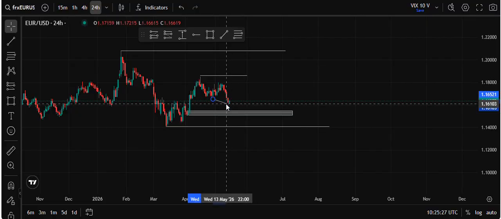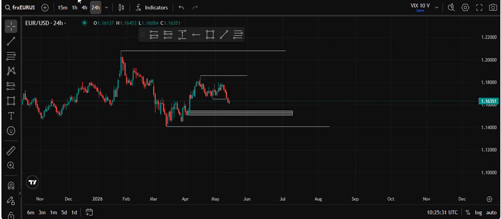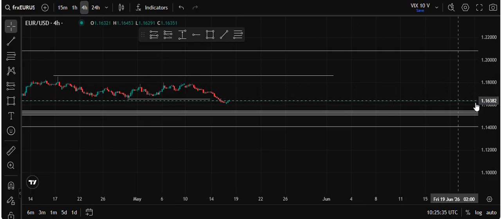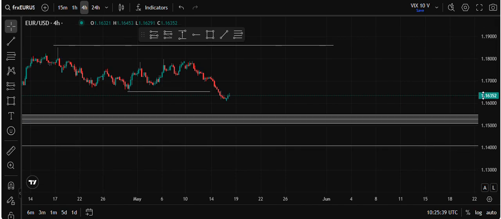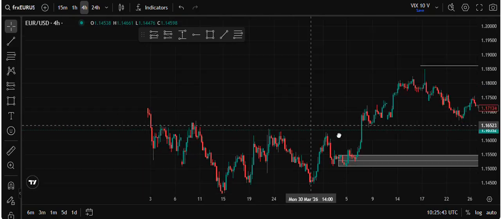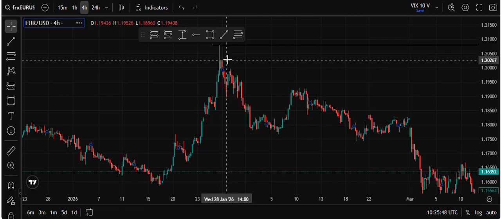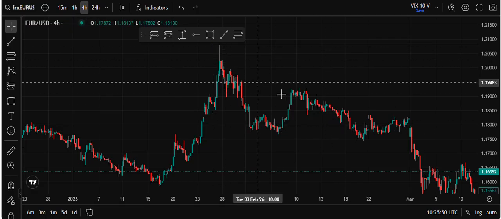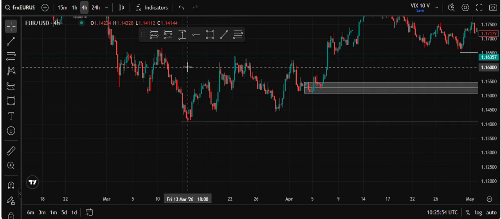Previous low that got broken. So now we'll go to the 4 hours time frame. Now in the 4 hours time frame, what are we looking at here? Is a wick.